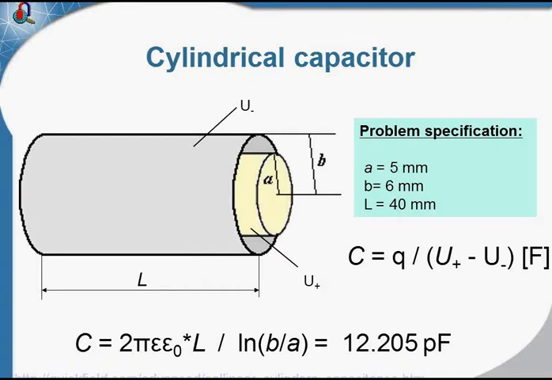So what should we do to calculate the capacitance with QuickField? We should apply the voltage, the electric potentials, to the electrodes, and measure the charge. Then the capacitance is equal to the ratio of the charge to the potential difference.